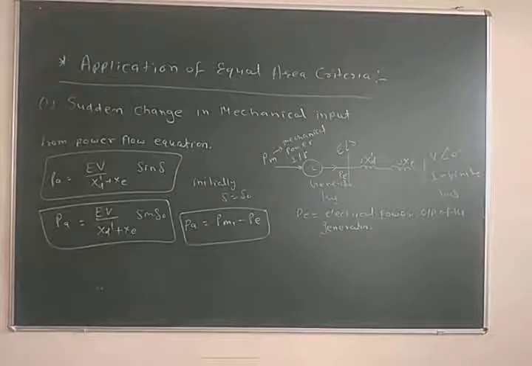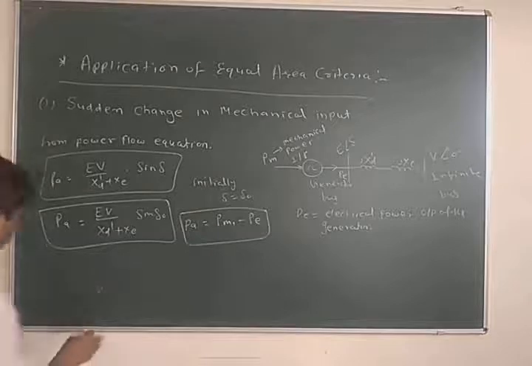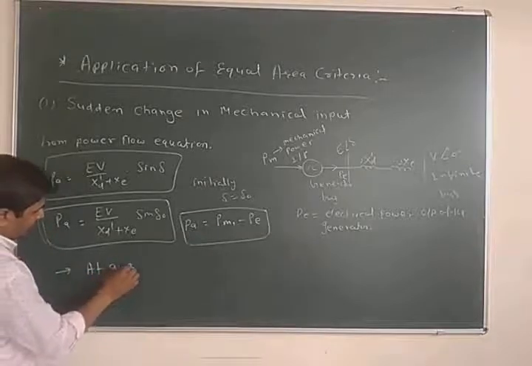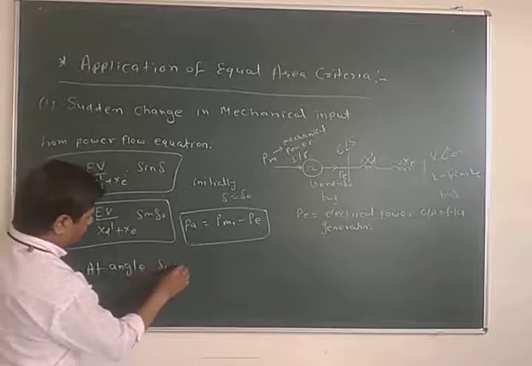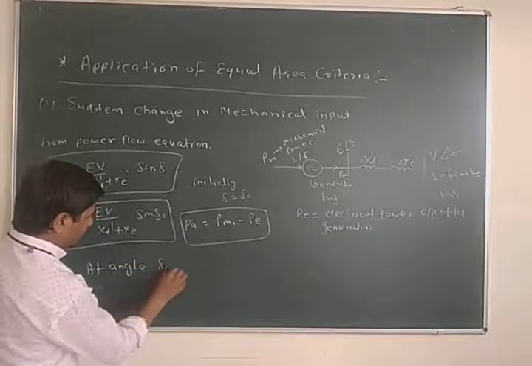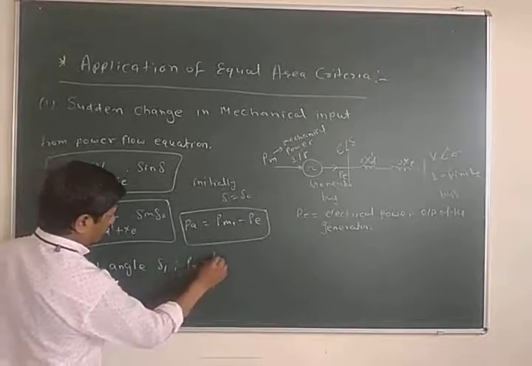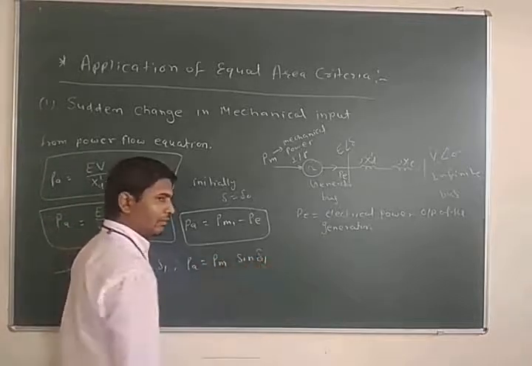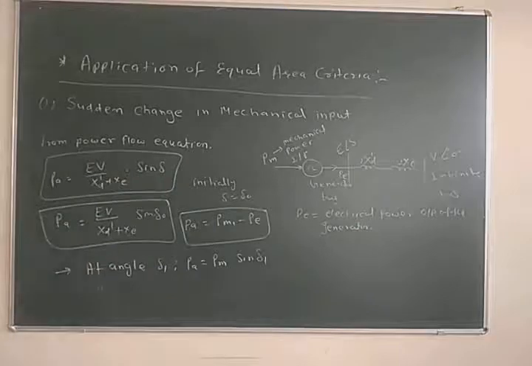So at angle delta 1, accelerating power will be Pa is equal to Pm sin delta 1 maximum.